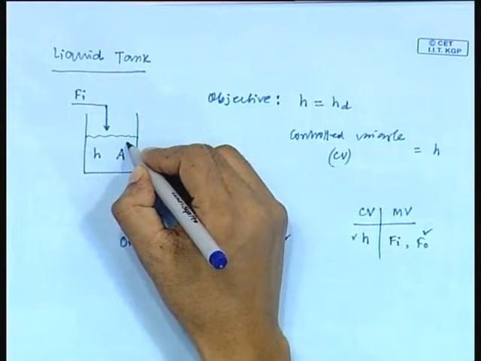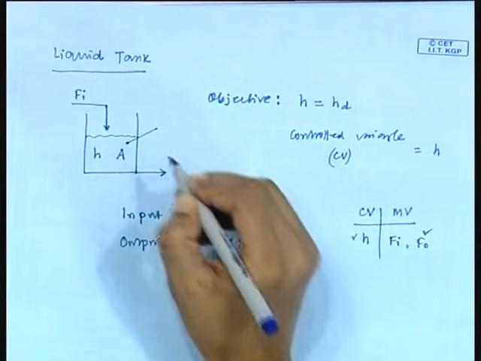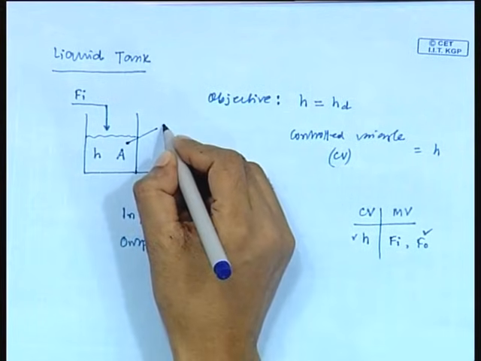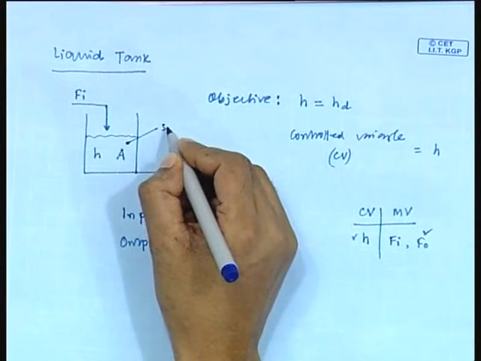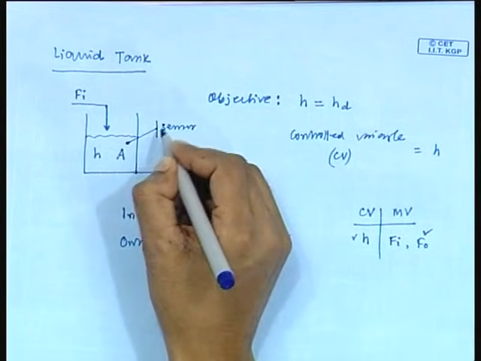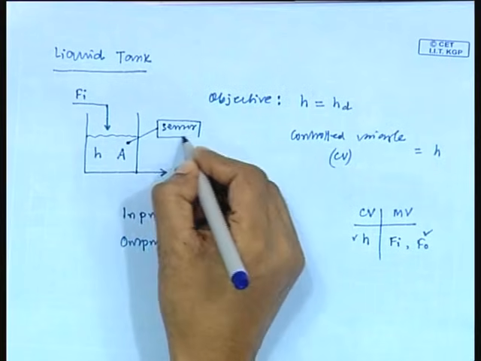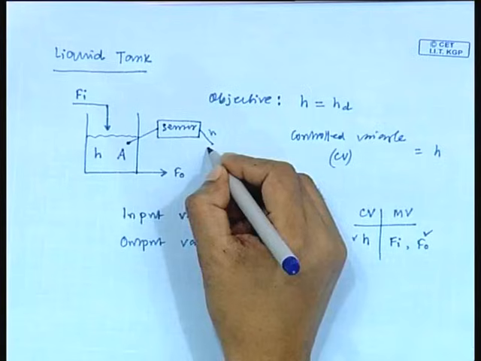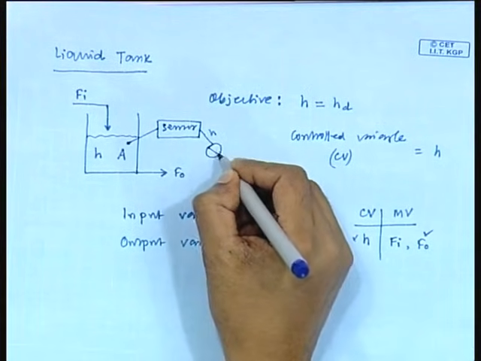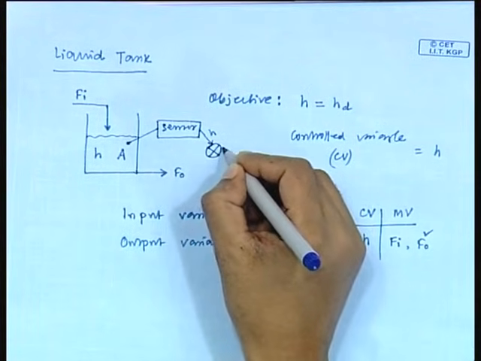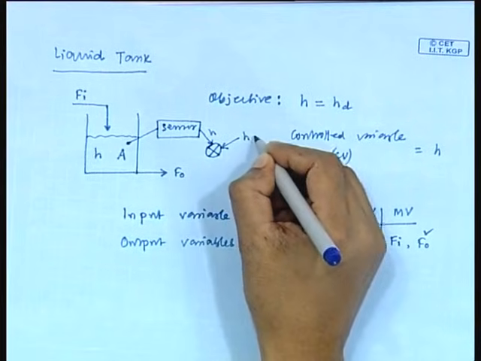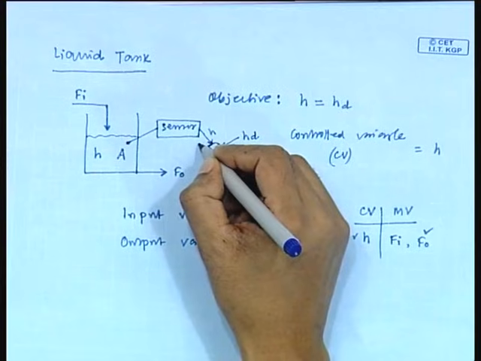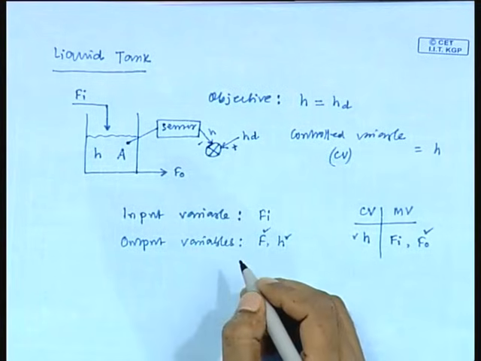So, what will be the control configuration, as we have drawn for the heating tank system? First of all we need to measure this height by a level sensor. Here a level sensor we can place which can measure the liquid height. Suppose this is height, then it is compared with the desired value HD. This carries positive sign and this is negative sign.